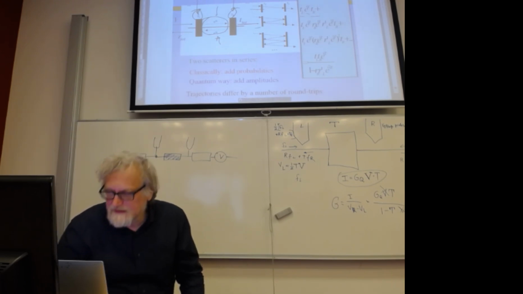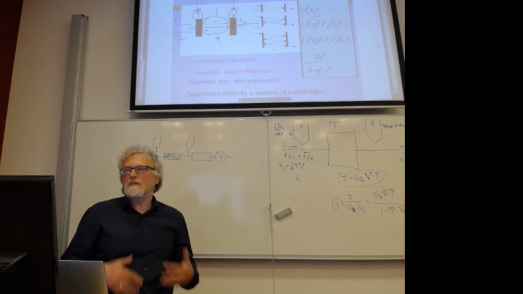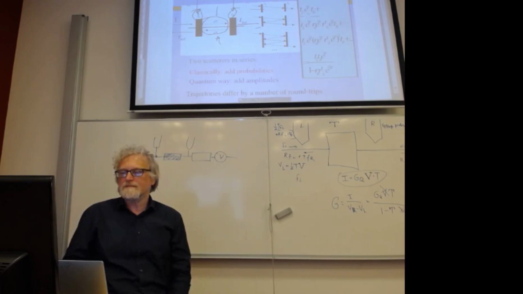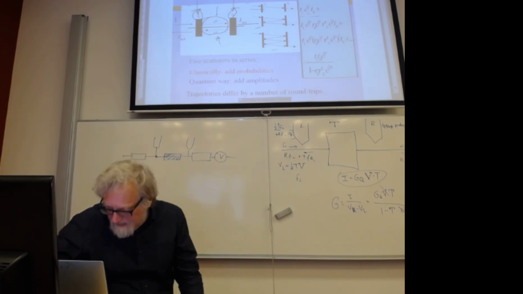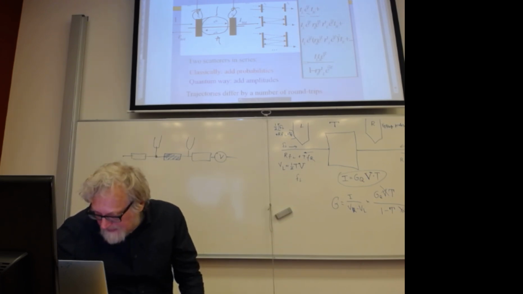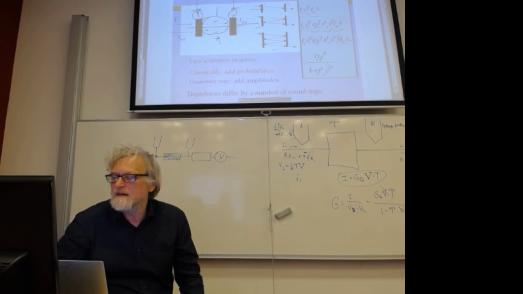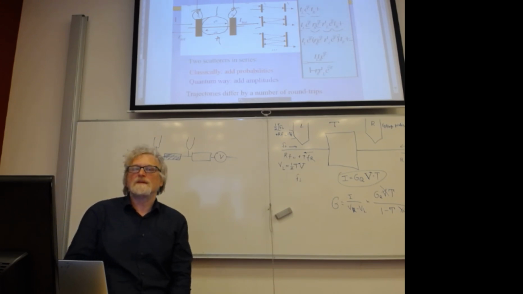These contributions differ by the number of bounces between the scatterers. So for instance, this one: traverse the left, accumulate a phase factor, reflection from the right, again accumulate a phase factor, reflection from the left, and then it goes through the right scatterer.